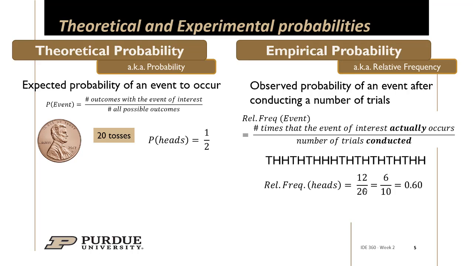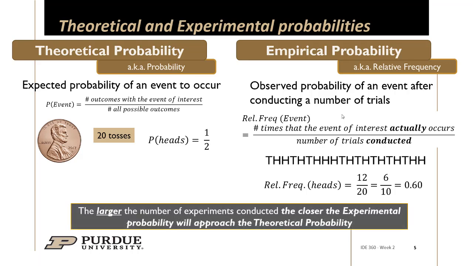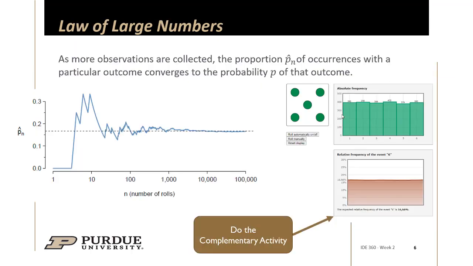However, that doesn't mean that the experiment or the trials are weird or have something wrong with them. It is just the fact that the more trials we get, the closer we will get to the theoretical. This is known as the law of large numbers. The larger the number of experiments conducted, the closer these two probabilities will get.